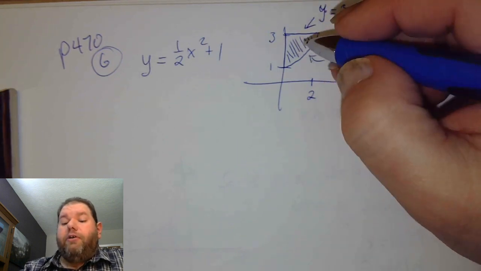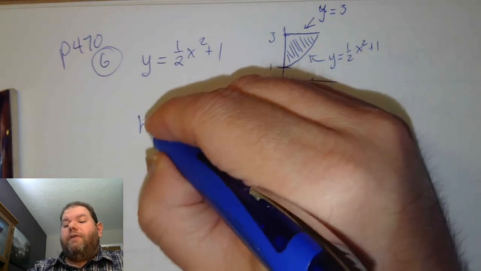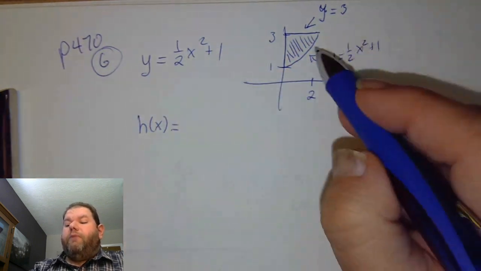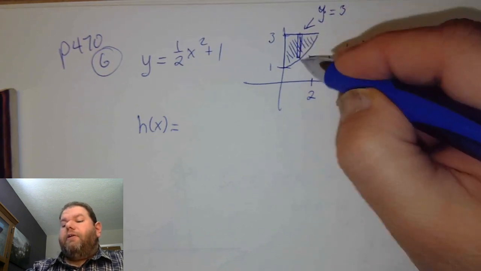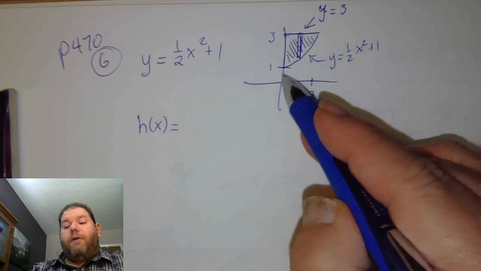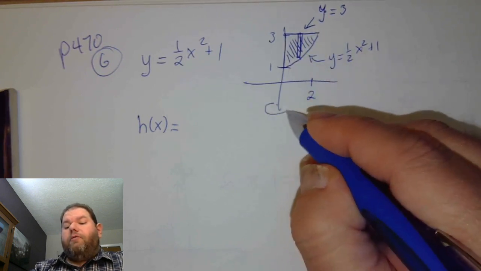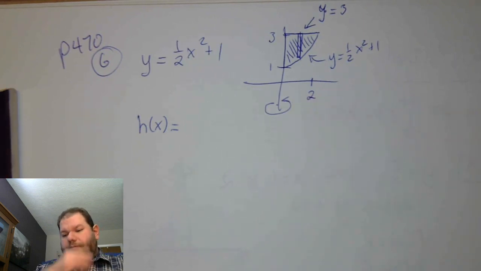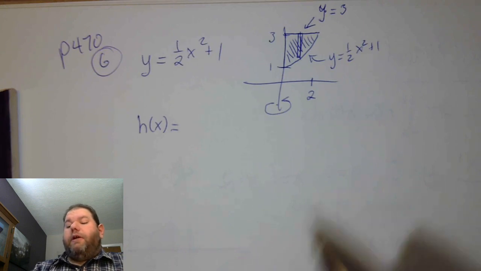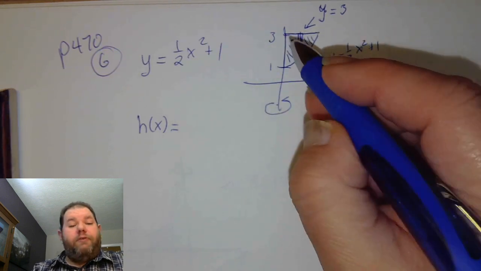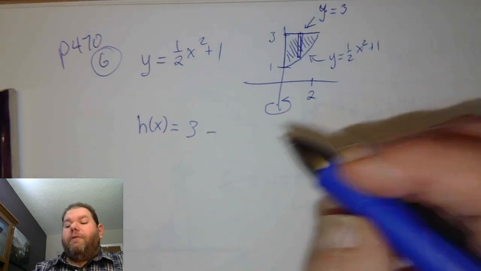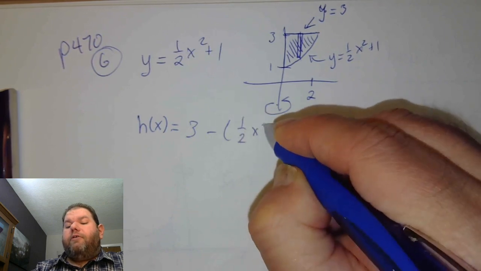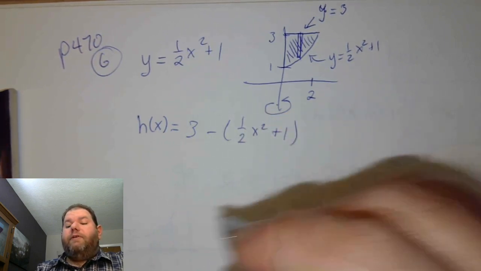And so when we calculate the height, h of x, the height will be the distance from the top edge of the region to the bottom edge of the region. Oh, by the way, we are going around the y-axis. So for h of x, you'll always do top minus bottom, which is 3 minus the bottom edge, which is 1/2 x squared plus 1 in parentheses.